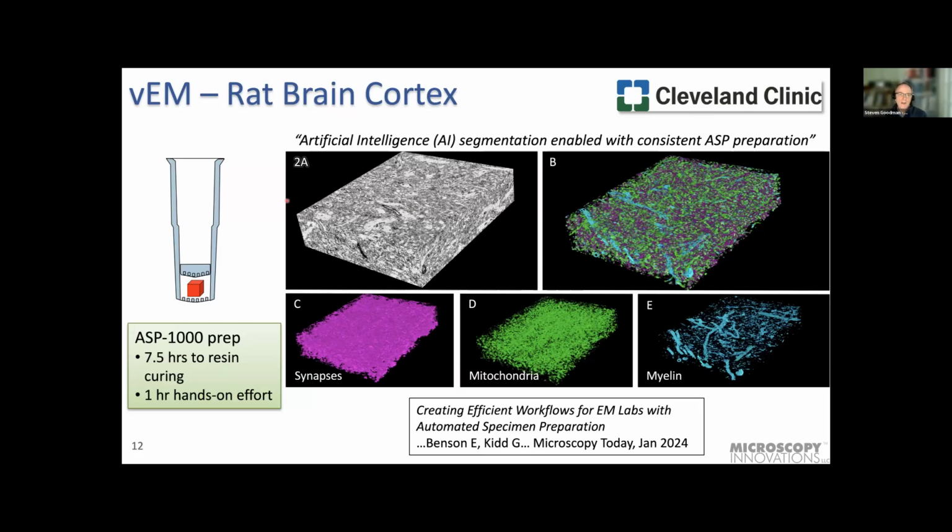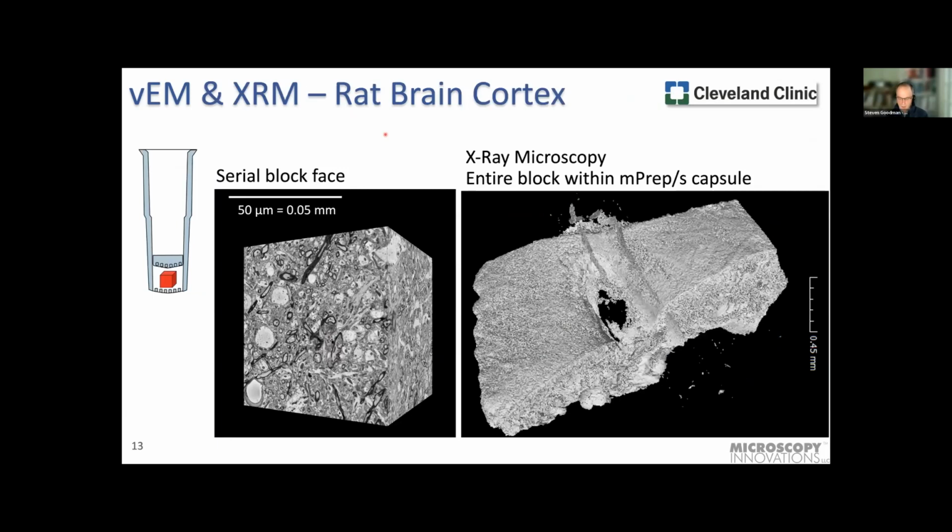And they pointed out in one of their papers that artificial intelligence segmentation was enabled with the consistency of the ASP preparation. But this illustrates that these same samples within the capsule can be imaged using X-ray microscopy. This is a relatively easy process.